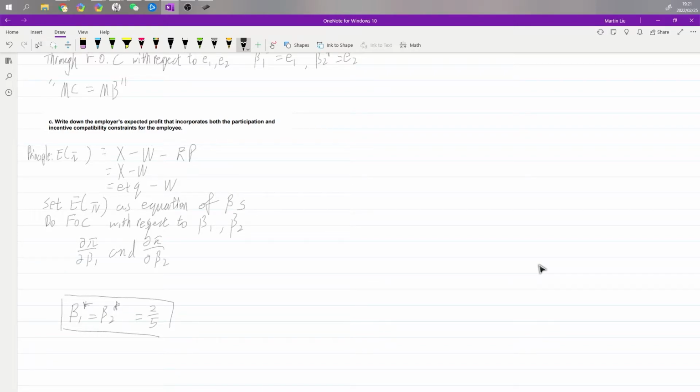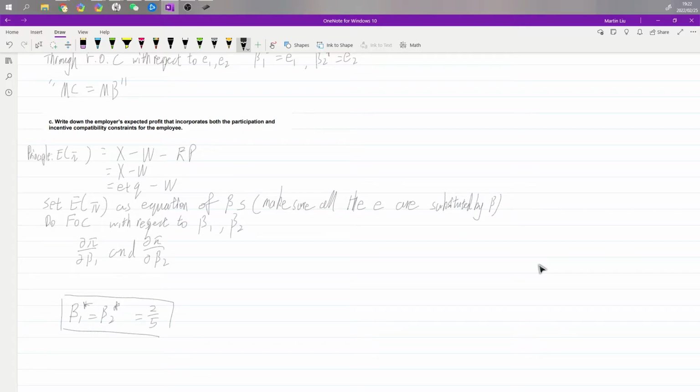Also important to mention, whenever you are setting this expected pi as an equation of betas, make sure all the e's are substituted by betas.